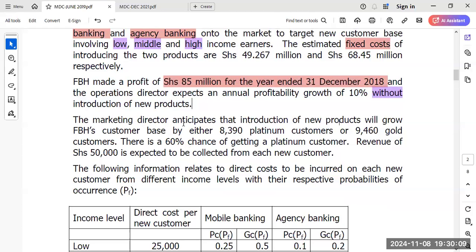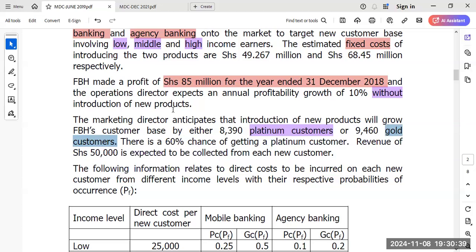The marketing director anticipates that introduction of new products, remember your new products, mobile banking and agency banking, will grow the company's customer base by. Now you have this figure talking about platinum customers or gold customers.